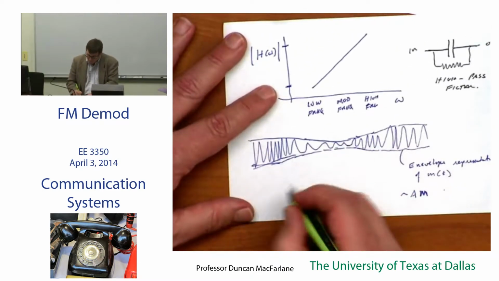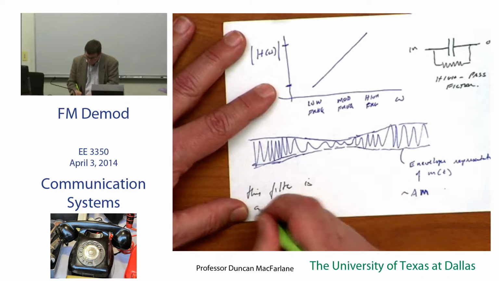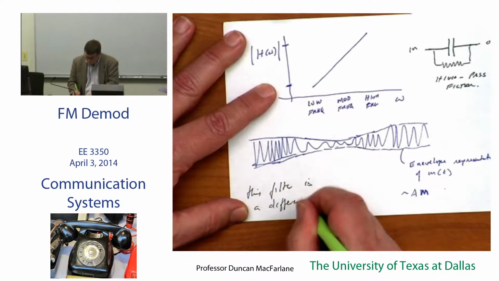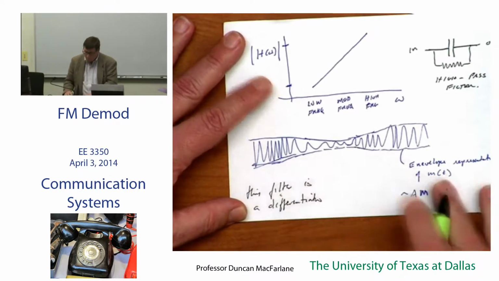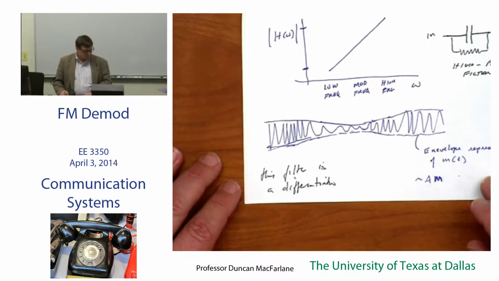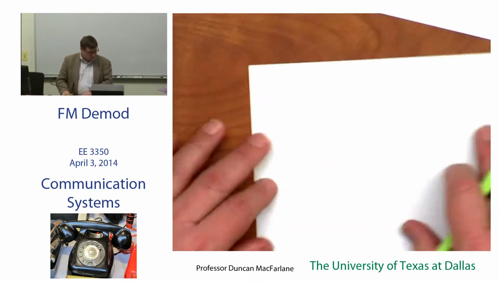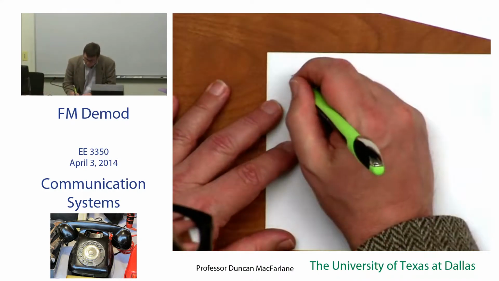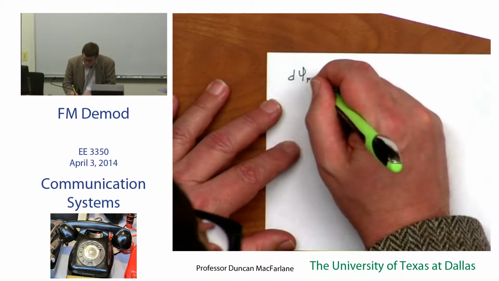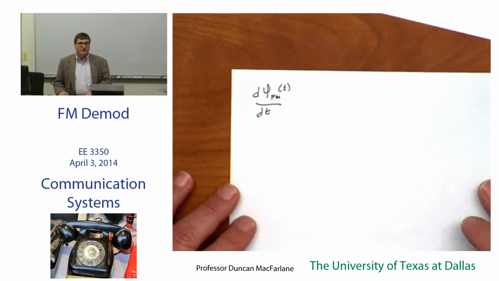So this filter is a differentiator, and so what I want to do is I want to know d psi FM of t dt. Okay?